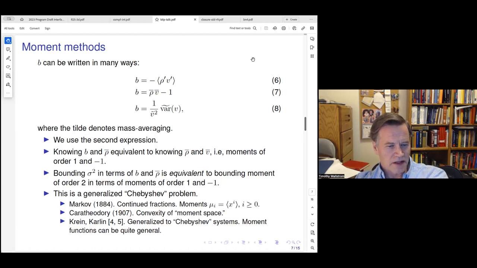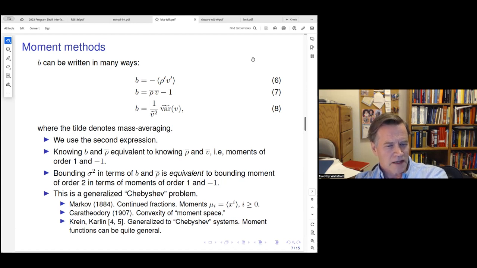As things developed, Carathéodory recognized that methods of convexity could be used, and it replaced this complicated approach through continued fractions. And there's actually a number of approaches to this problem. It was a very fertile area of research.